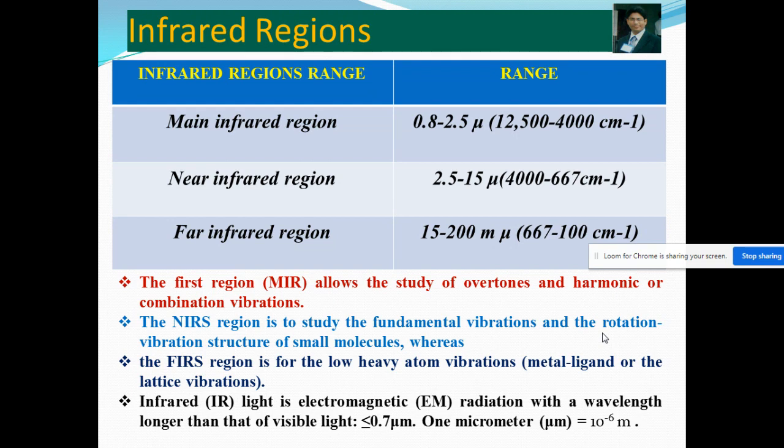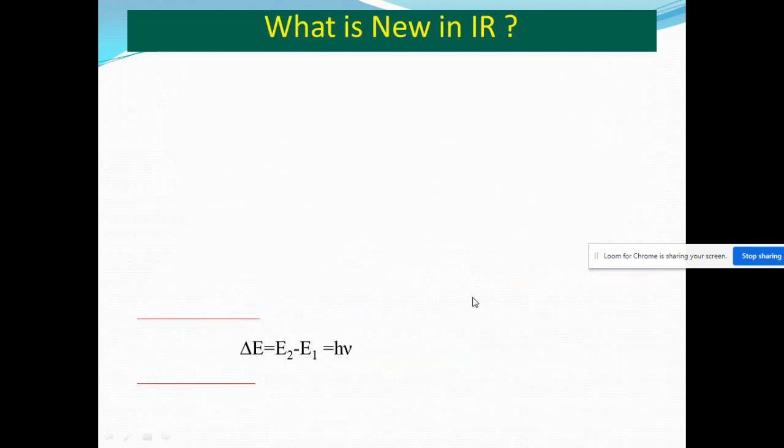Infrared light is electromagnetic radiation with a wavelength longer than that of visible light, that is, greater than 0.7 micrometer, where 1 micrometer is equivalent to 10 to the power minus 6 meter.